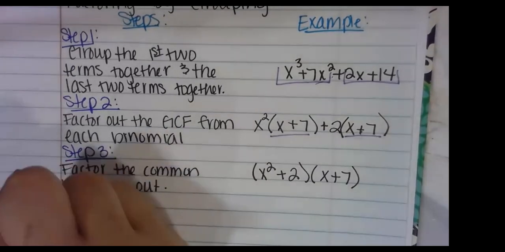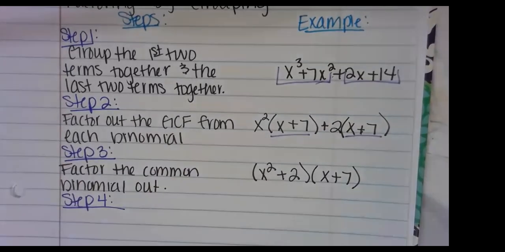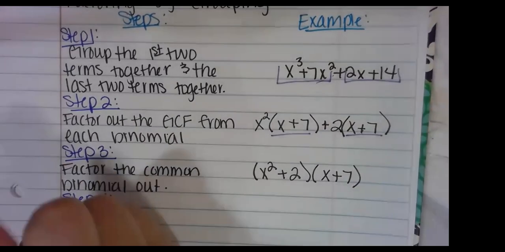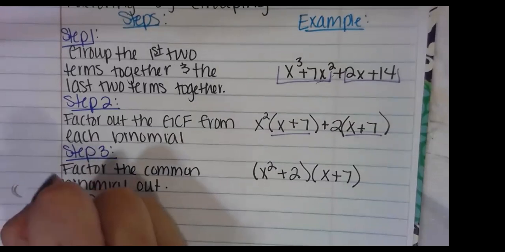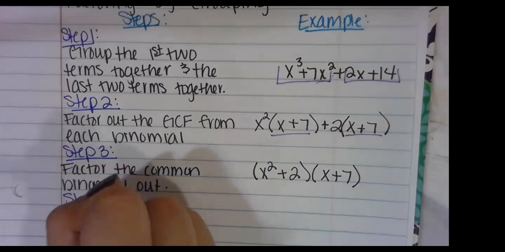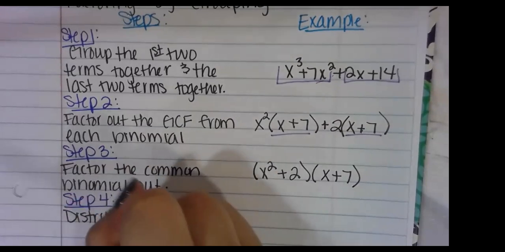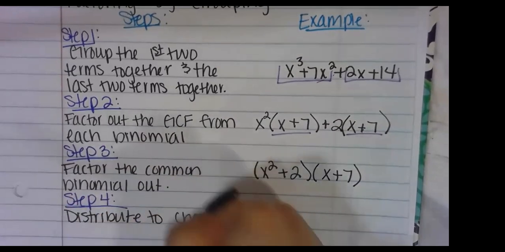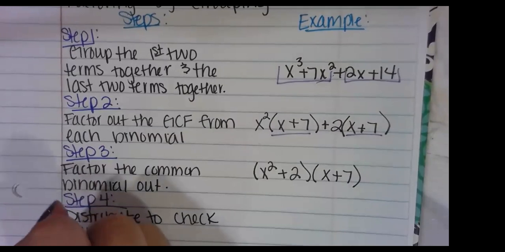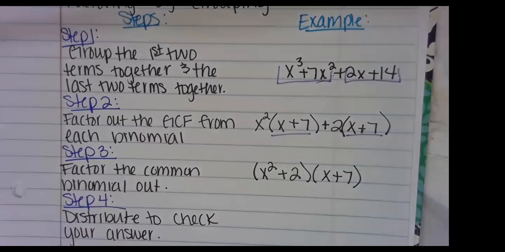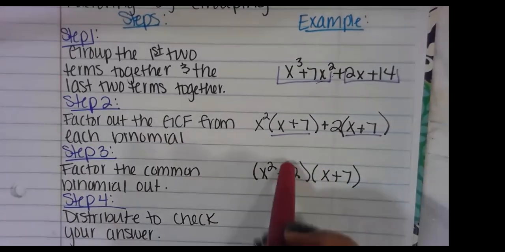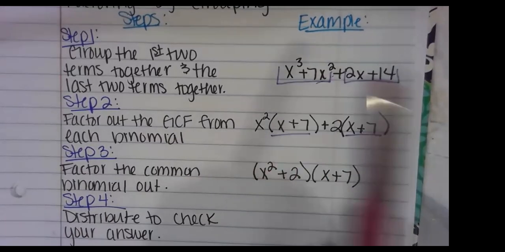And again, just like with anything related to factoring, if you're unsure if you factored that out correctly, you can always distribute to check your answer. So this is where you would end, because this is the factored form of this polynomial.